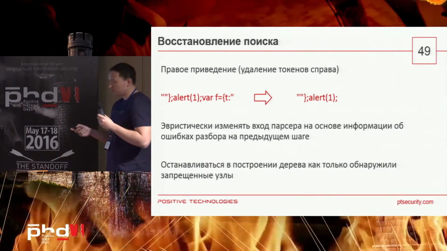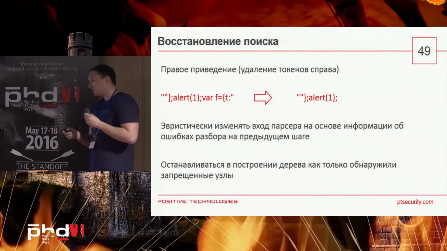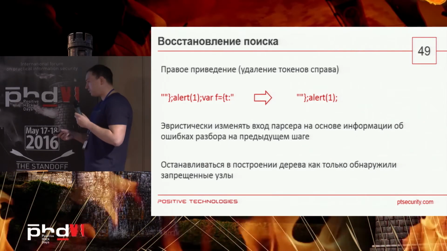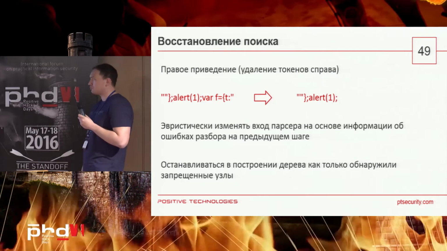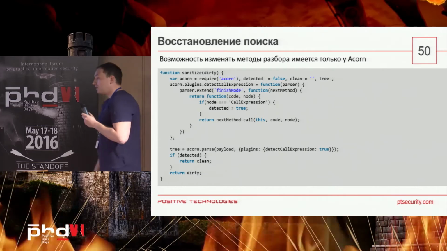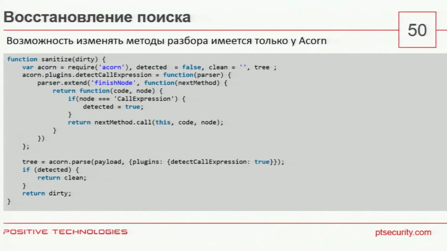Or the second option, which looks more right: we need to stop building the tree as soon as we find banned nodes. And only Acorn has this capability. The Acorn parser is modular, and it allows the developer to write modules that are going to be executed when building the tree. So this is exactly what we need. We have a string.